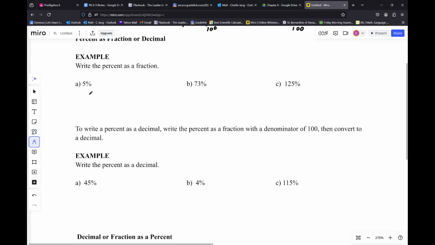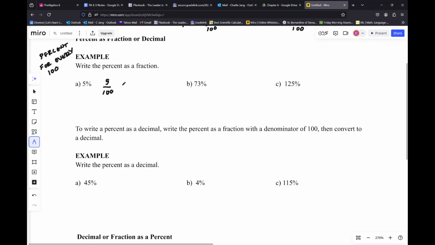For example, 5%. I'm going to write this as 5 over 100 because the word percent means for every 100. So that in itself just means over 100.